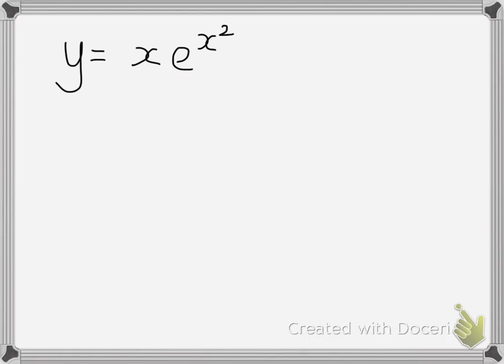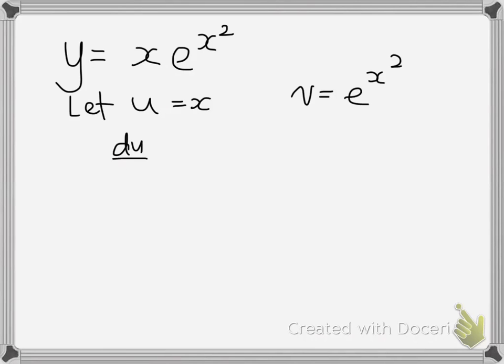So for things like this, you need to do a product rule, because x is one function, and e to the power x squared is another. They multiply together, so this is a product rule. So you do your normal. Let u be x, v be e to the power x squared.